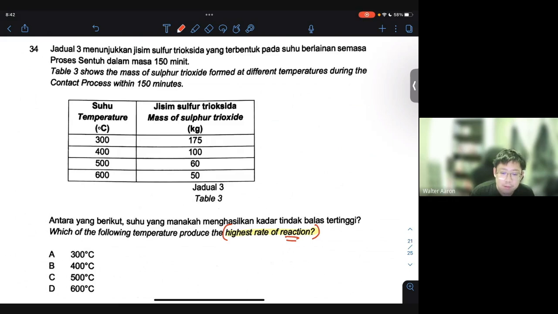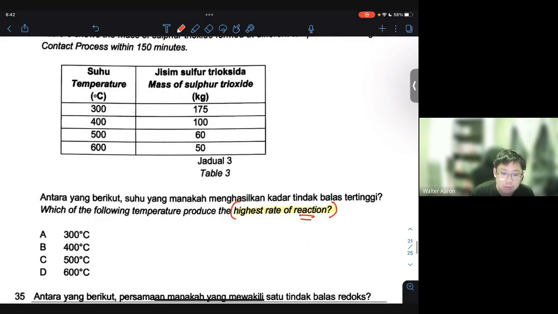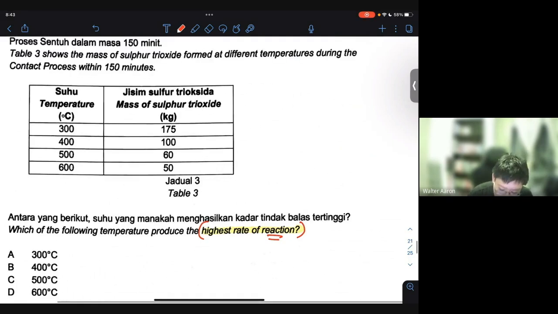So the highest rate of reaction will technically be 600. The higher the temperature, the higher the rate of reaction. But this is not taught at your SPM level, I'm supposed to let you know: sulfur dioxide plus oxygen is a reversible reaction to produce 2 moles of sulfur trioxide. So you have a reversible arrow here, which is a dynamic equilibrium.